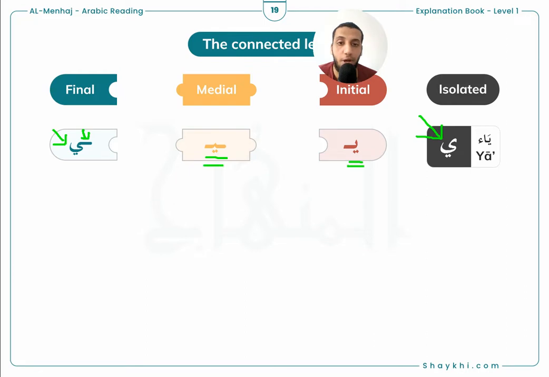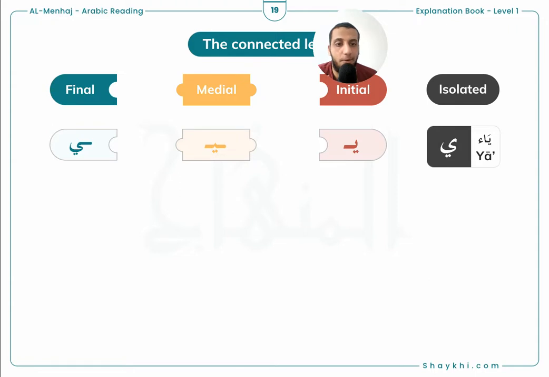Because of the letter ba. Letter ba looks like them but just with one dot. We say ba has one dot because it is the first letter, while ya comes at the end, so it has two, okay?